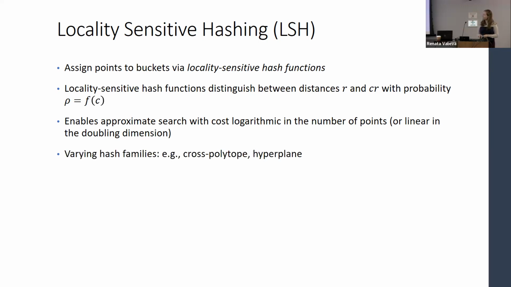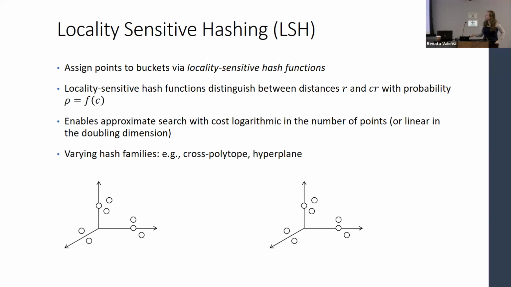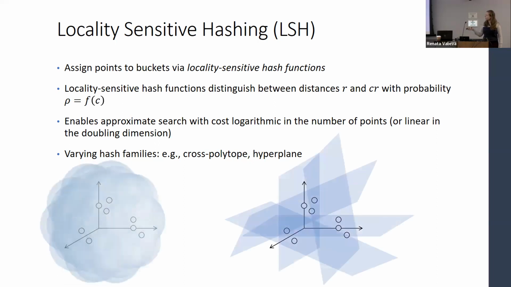There's a lot of varying ways in which you can do this. There's a lot of hash families that are tailored to different distance metrics, and data-dependent hashing that responds to the particular properties of the data set instead of just picking a hash function without knowledge of the data set. Two examples are cross polytope hashing, where you use the faces of a polytope in order to partition points into buckets, or using random hyperplanes to partition points into buckets.